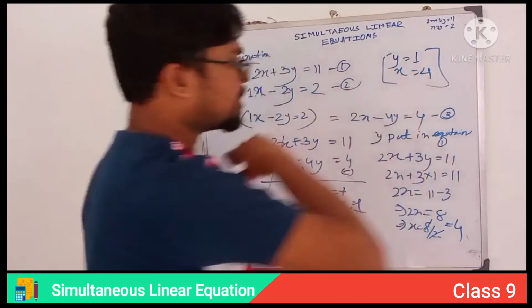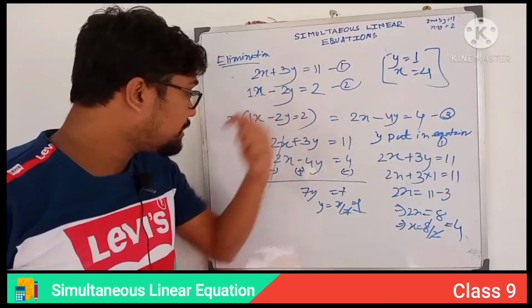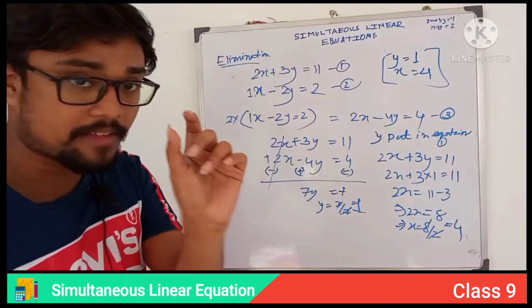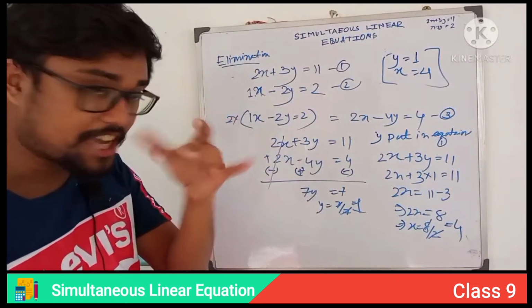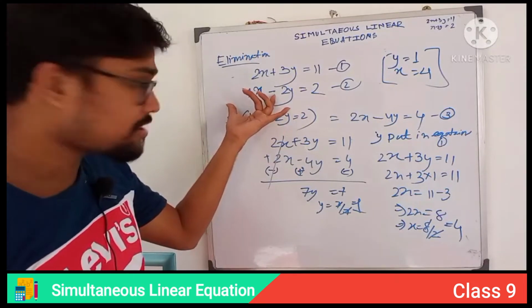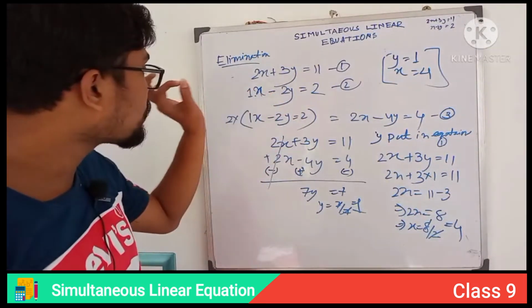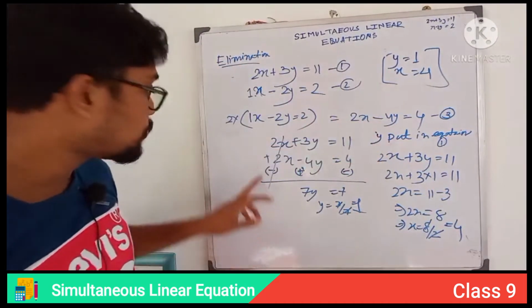This is what the elimination method actually is. Again I repeat how I did this. First we have to select one variable to eliminate. To eliminate it, we have to change one equation to give the same coefficient. Then, after the coefficients are the same, we have to change the sign.